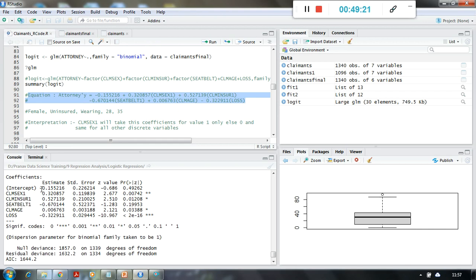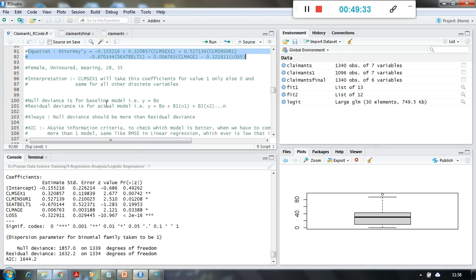To get this y value, I will use these coefficients and their respective variables. Once I solve this equation, I will get some y value. That y value will be replaced over there, and I will get the probability value.